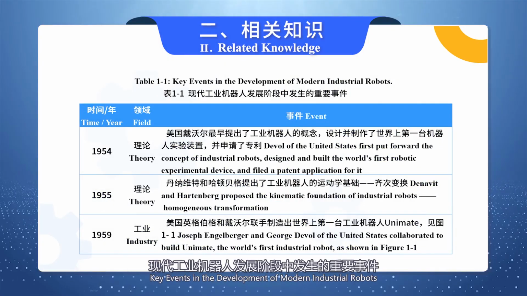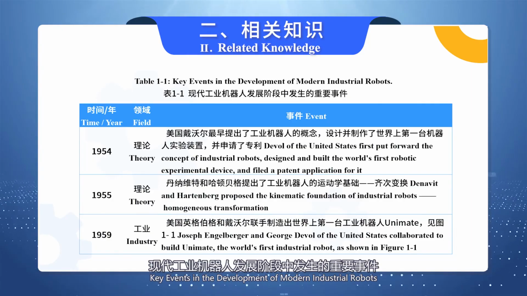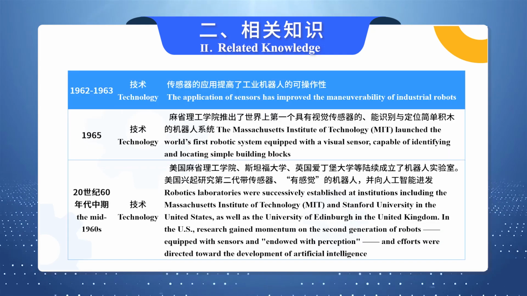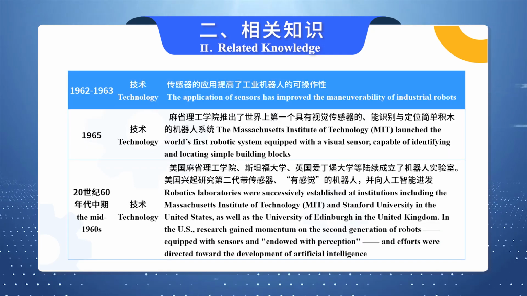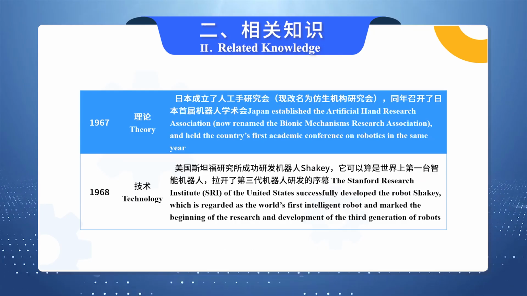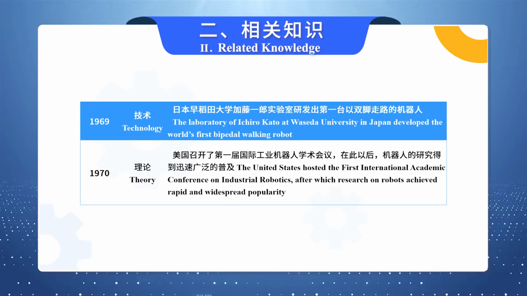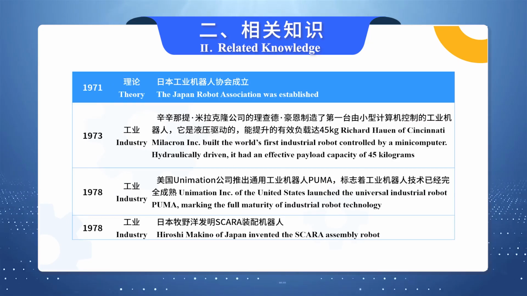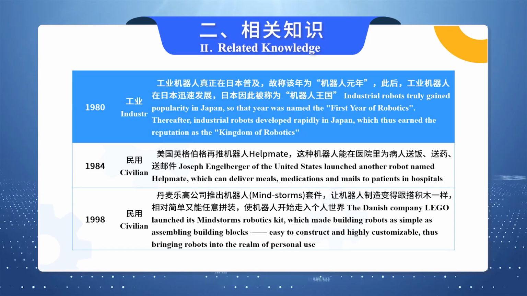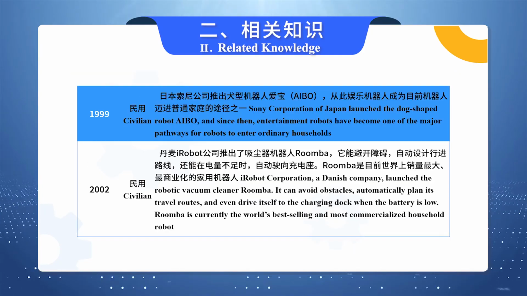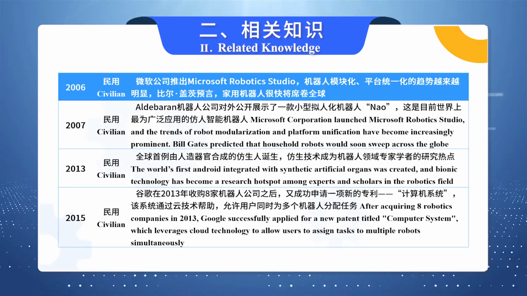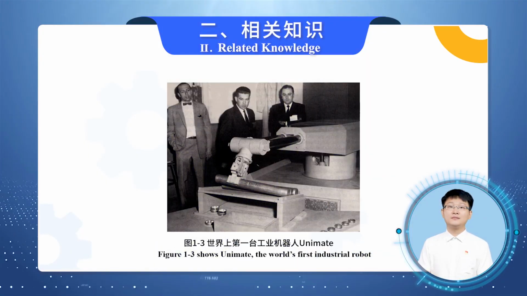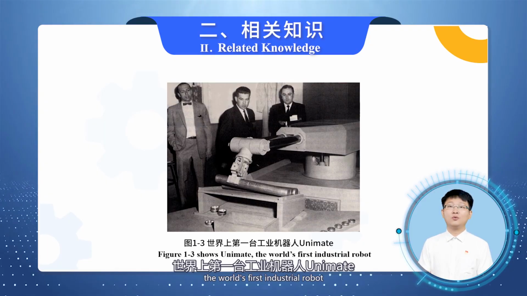Key events in the development of modern industrial robots. Figure 1-3 shows Unimate, the world's first industrial robot.